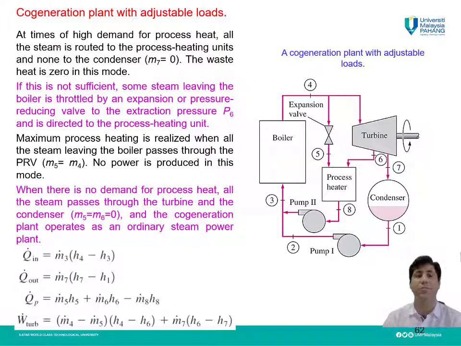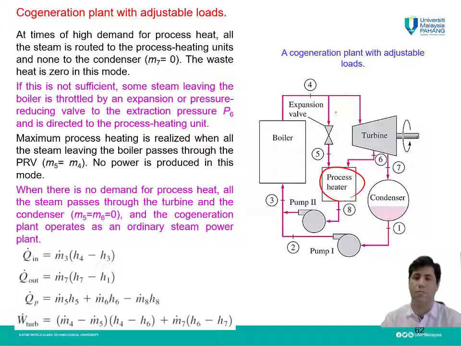First, at times of high demand for process heat, all the steam is routed to the process heating units and none to the condenser. It means here we don't have any steam from turbine to the condenser, M7. So we have only this line.